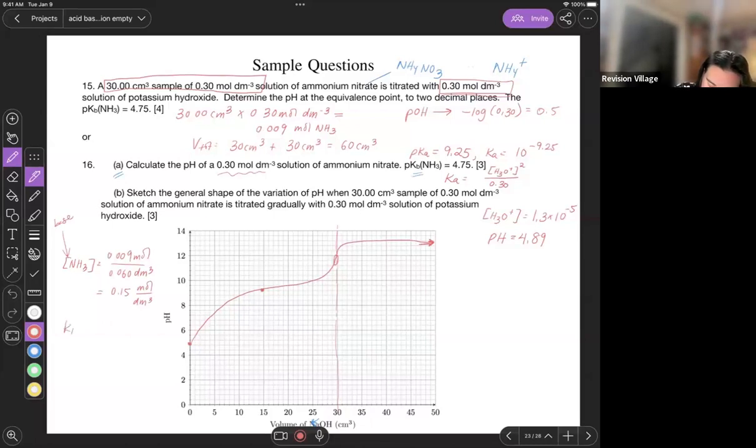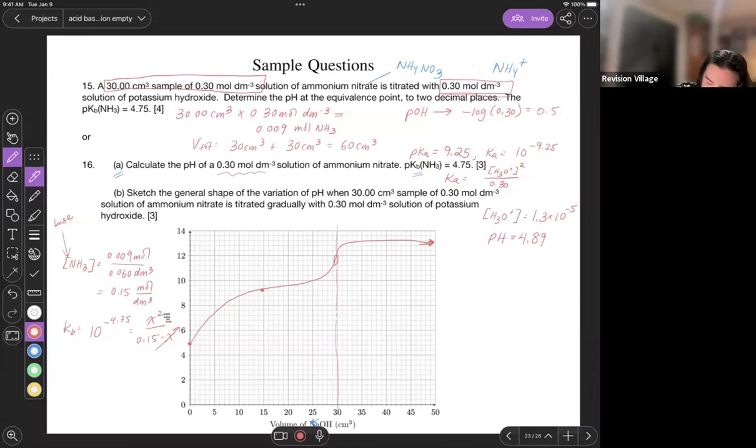The Kb is equal to 10 to the minus 4.75. And so I can set up the same equation that we've been using all morning or night, where the concentration of hydroxide times the concentration of conjugate acid over the concentration of the base is equal to the Kb. I assume that x is small.